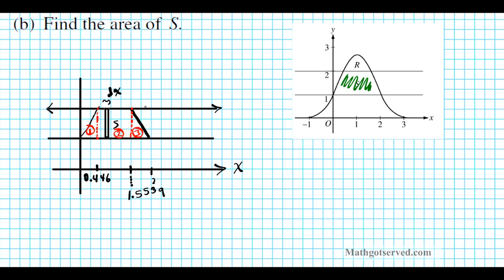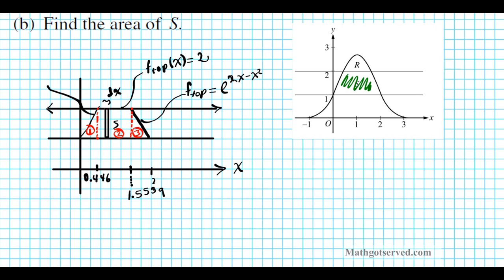What you notice here is that for region 2, f top as a function of x is equal to 2. But for region 3 and region 1, the f top here is the exponential function, which is e to the 2x minus x squared.